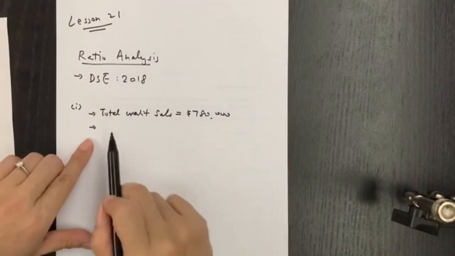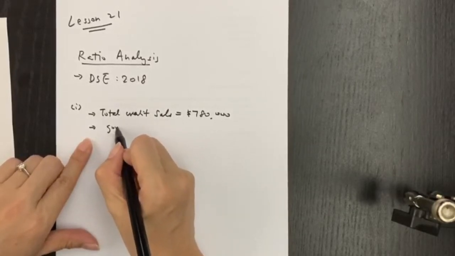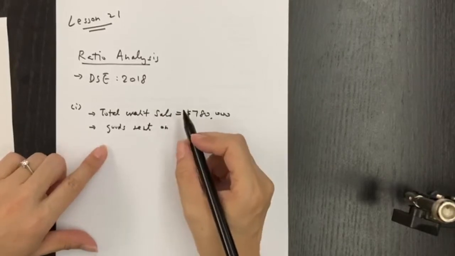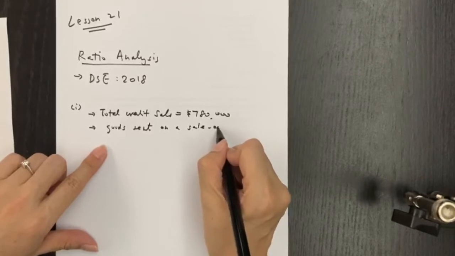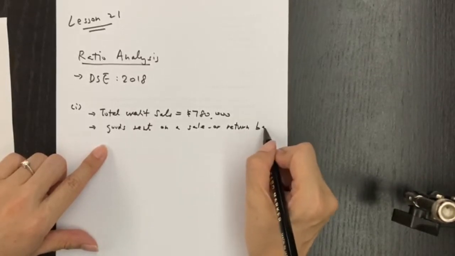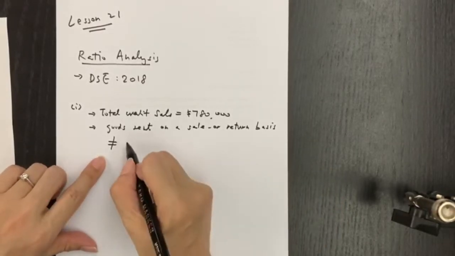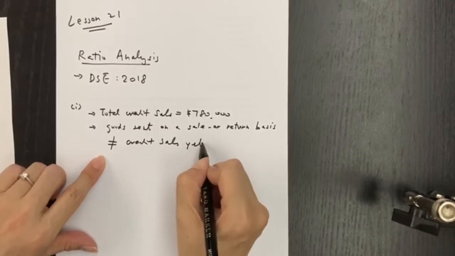So number 1, we have total credit sales, and these goods sent on a sale or return basis. In this situation, goods on a sale or return basis should not be a kind of credit sales yet.